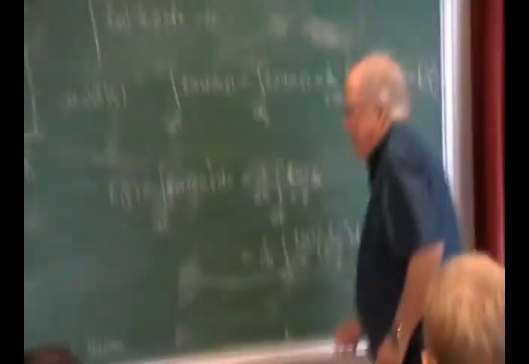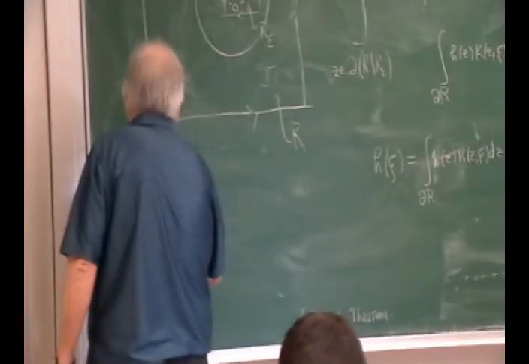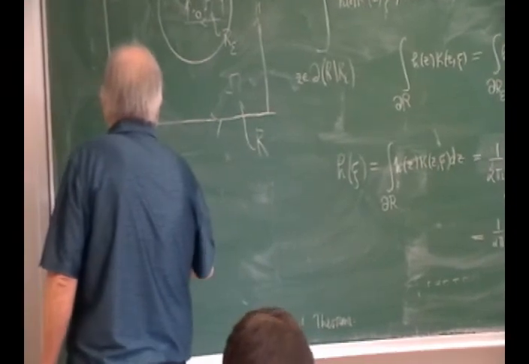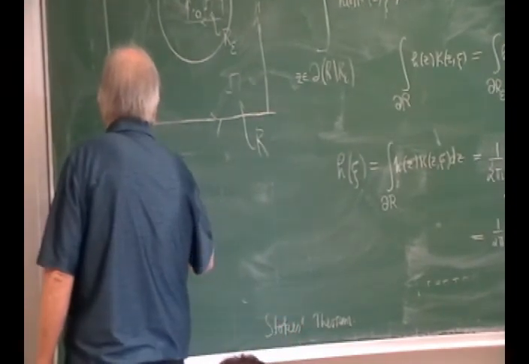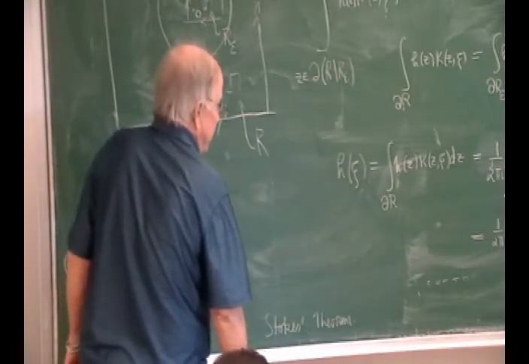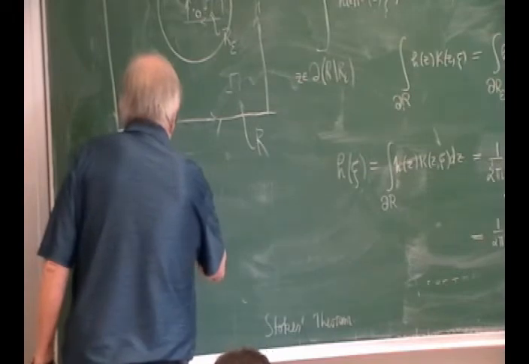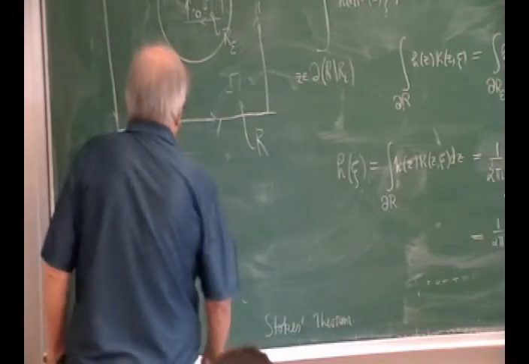And the end result is that h of zeta is equal to a sum, uniformly convergent with the geometric series, of a n zeta to the n.